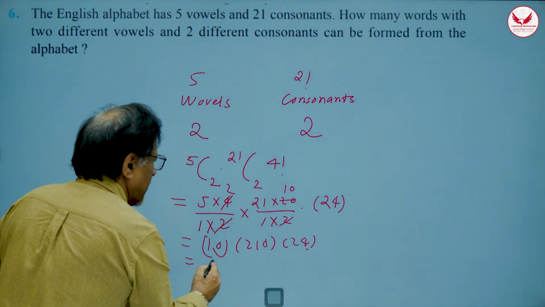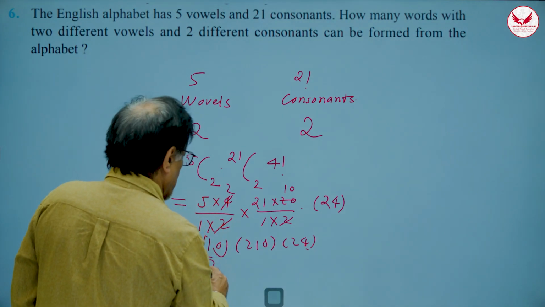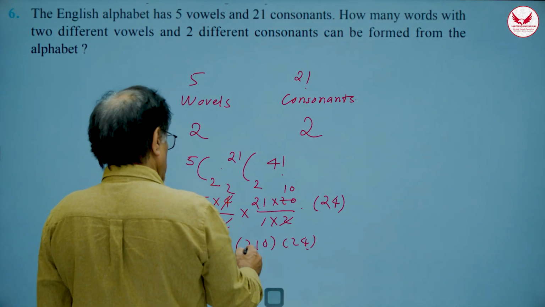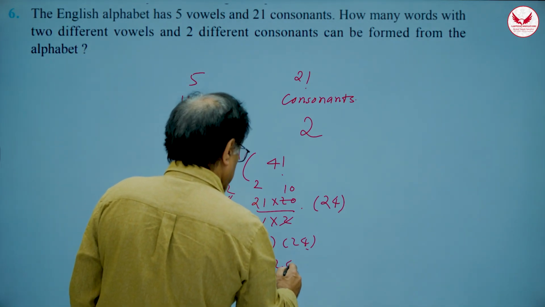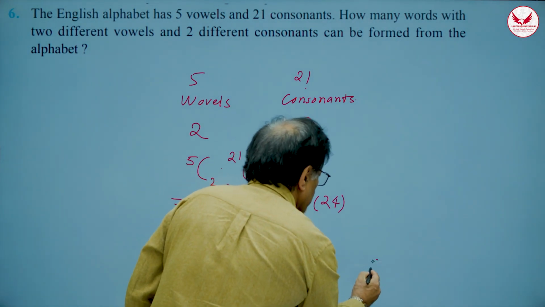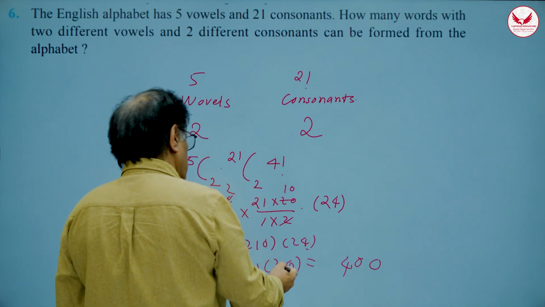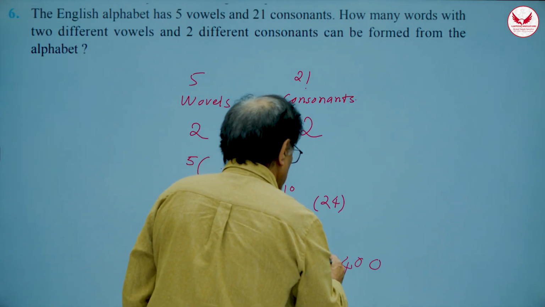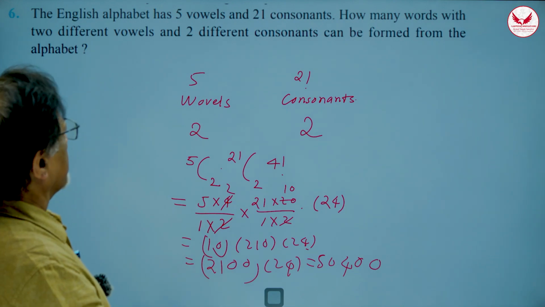So that means the answer is, let us say, 2100 multiplied by 24. Okay. So that comes to, those 2 zeros will come here. 24 into 1 is 4. Carry on 2. So 48 plus 2, that gives you 50. So the answer is 50400.